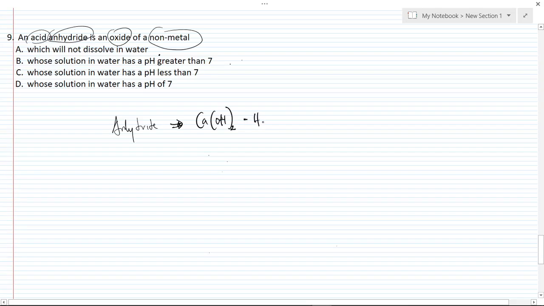If we were to subtract the water molecule, what we have left is CaO, because 2 hydrogen have been cancelled, 1 oxygen now. So calcium oxide here is an anhydride of Ca(OH)2. So now we're good with what anhydride means. The next is acid anhydride.